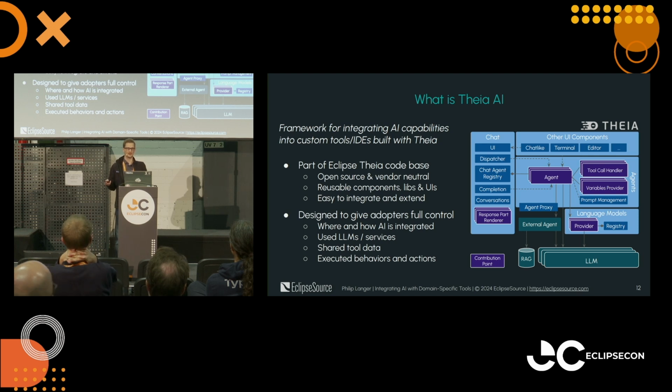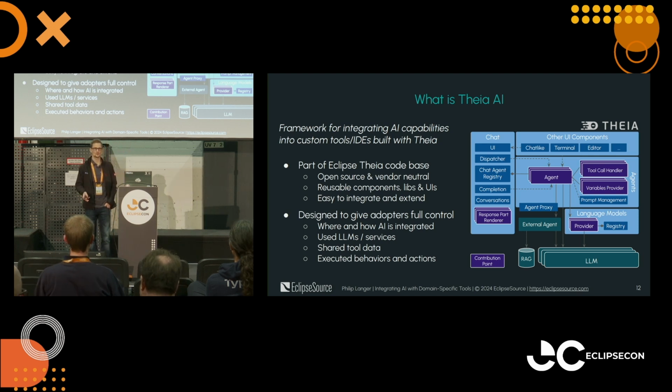So Theia AI is a framework that is part of the Theia project, which basically is a common platform for building custom tools. And Theia AI in particular enhances this platform by making it very easy to integrate AI capabilities into those custom tools.